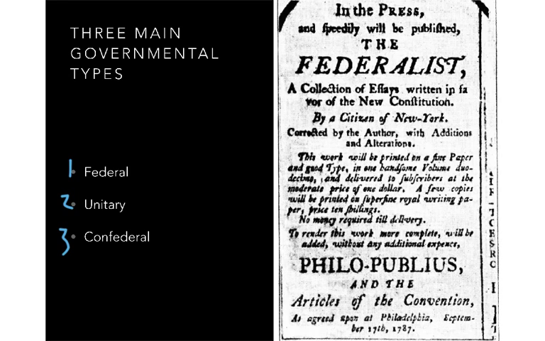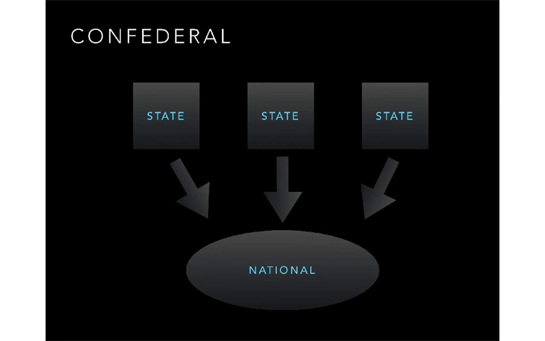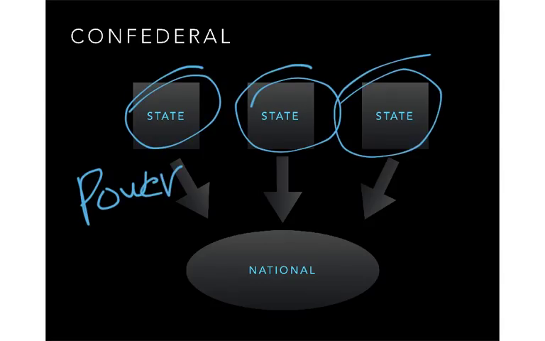And this is a case where a picture will paint 1,000 words for us. Let's start with a confederal system. In a confederal system, power is flowing in one direction. The units have all of it, and they get to give up what they want to a national government, no more, no less.